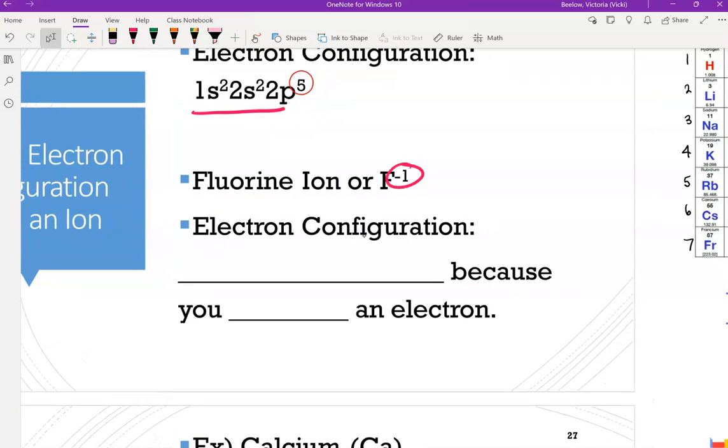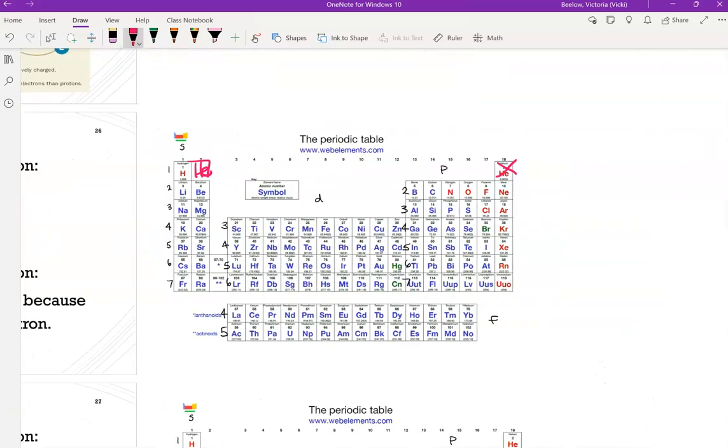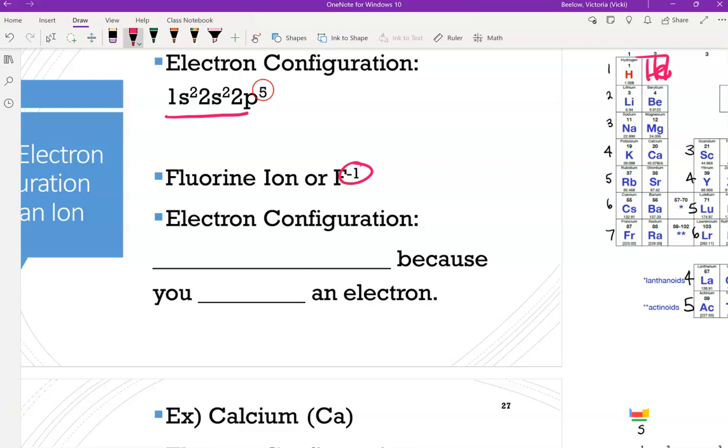Now fluorine, on your periodic table, has a -1 sign. So fluorine has a charge of -1. That means it's negative, so you gained 1 electron.